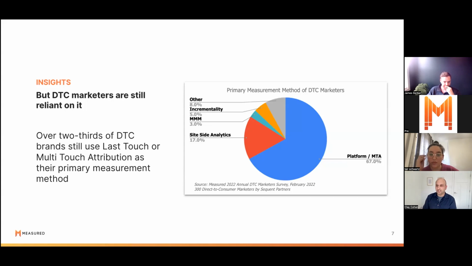And one insightful stat is that 2/3 of D2C brands are still using last touch or multi-touch attribution as their primary measurement methodology. You can see here, MMM is probably not going to be a dominant form in the future, but still leveraged by a lot, maybe not as their primary form. Site-side analytics, web traffic, still important. But we expect to see this change, and we're excited to publish this stat year over year and see how that changes.